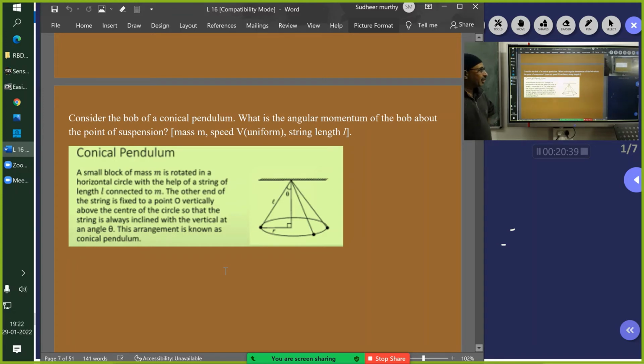Now what is the angular momentum of the bob about the point of suspension?